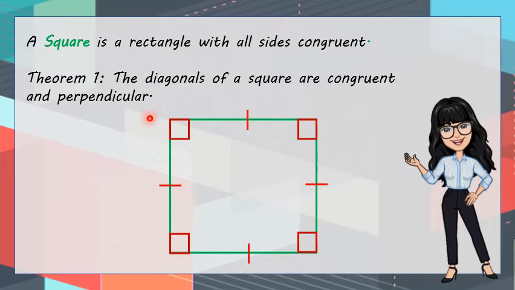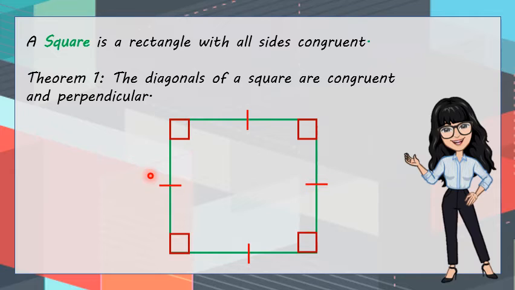So if we are going to draw diagonals here, then we can say that those diagonals of our square are congruent and perpendicular. So again, it is a property which is a combination of the special property of our rhombus and our rectangle.